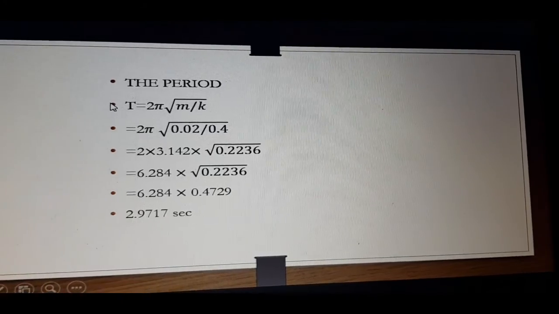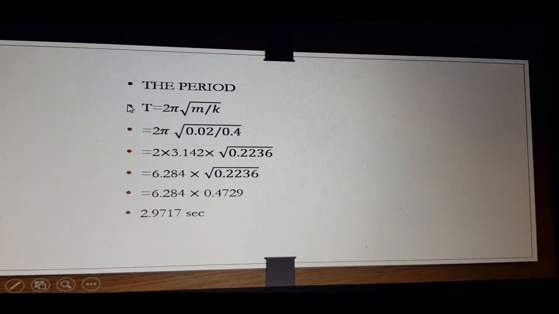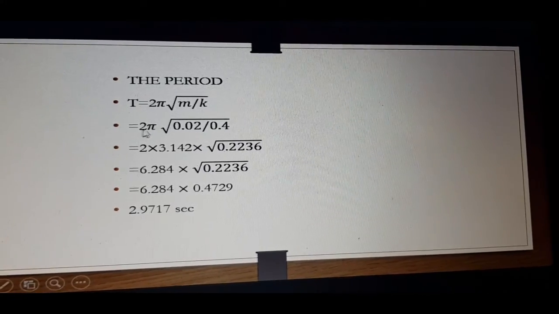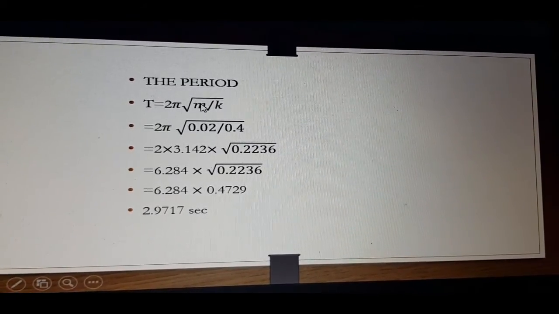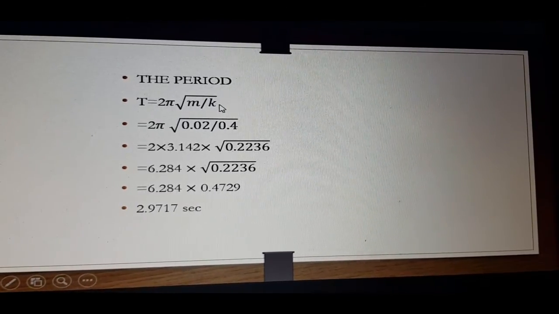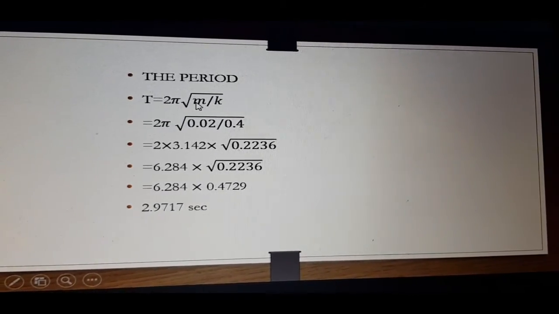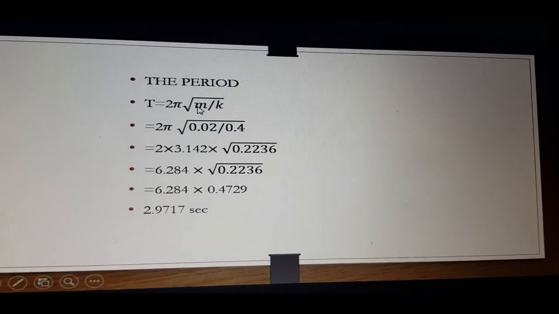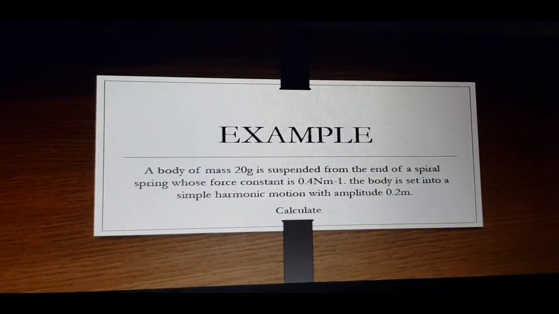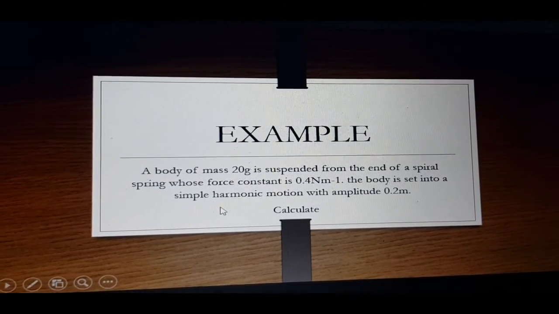Already our values are given. So T is equal to 2 pi root of M all over K. This M represents mass. As you can see, this is our mass.